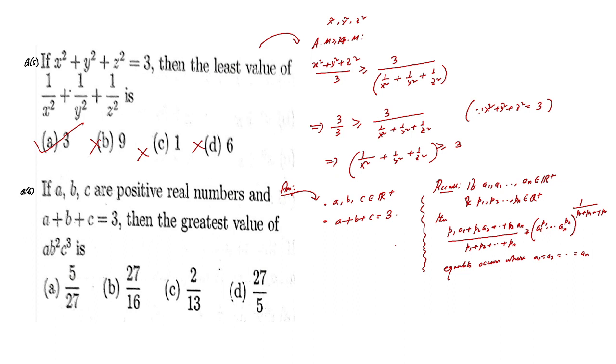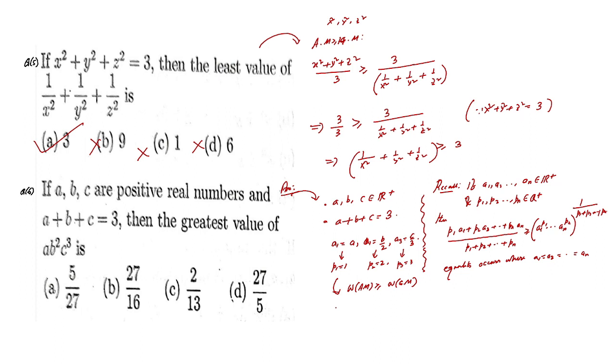Now in a similar way we will apply the weighted arithmetic mean and weighted geometric mean here. But before that we consider a1 equals a, a2 equals b by 2, and a3 equals c by 3. And we consider the weights p1 equals 1, p2 equals 2, and p3 equals 3. Now we apply weighted AM greater than or equal to weighted GM.